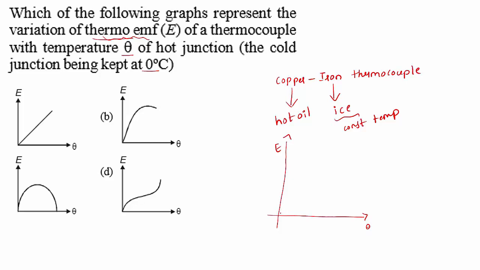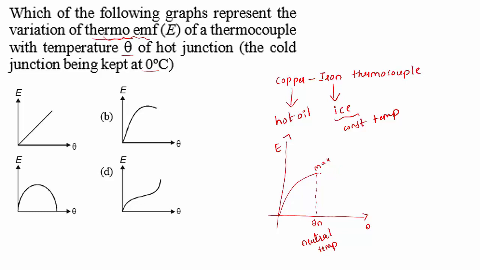Here, initially the EMF value goes on increasing and reaches a maximum value. When it reaches the maximum value, this temperature we are going to call the neutral temperature. You are going to study this in your higher education.